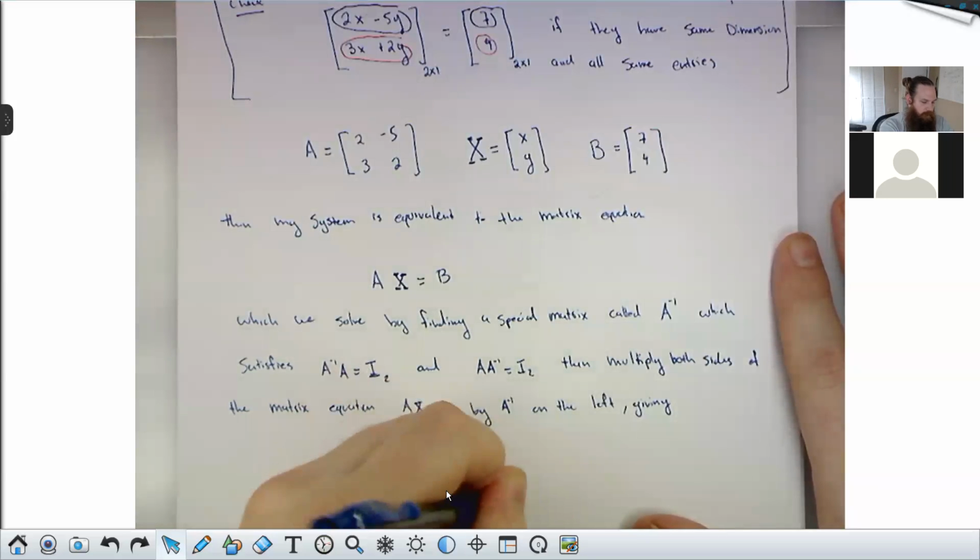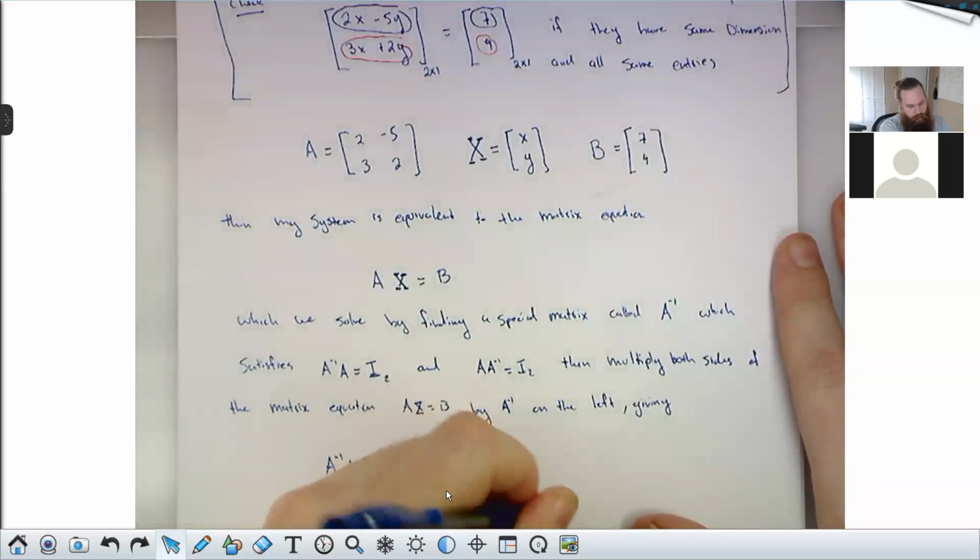You would get here just X equals A inverse B.